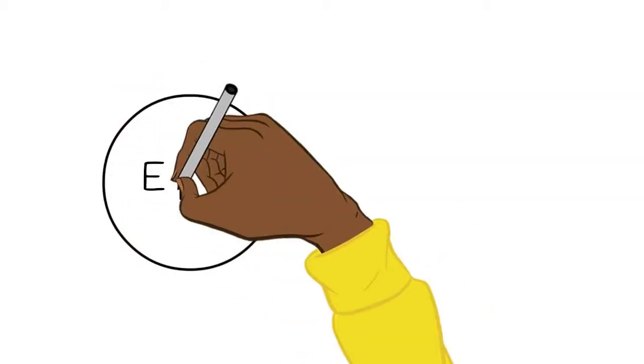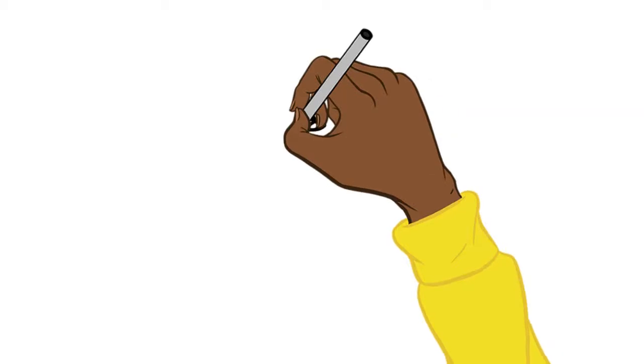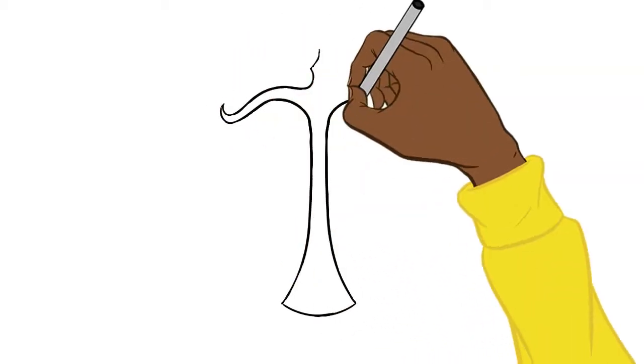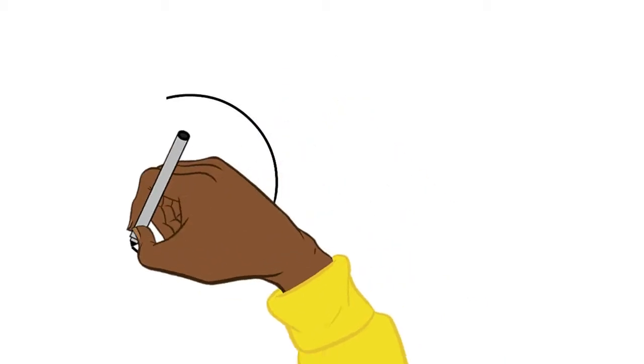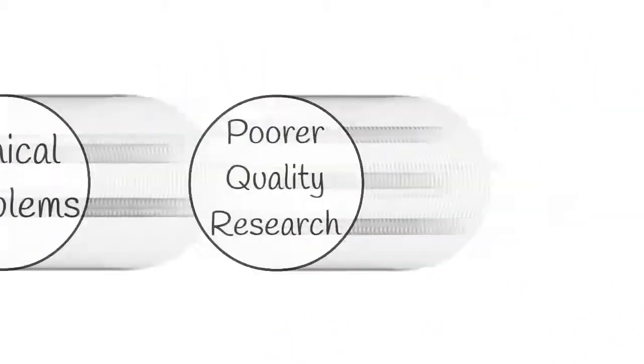Conflicts of interest can have an impact on equity and credibility. Equity, because not everybody has the same access to funding and opportunities. And credibility, because they can bias what gets studied and how results are interpreted. This could result in ethical problems or poorer quality of research.